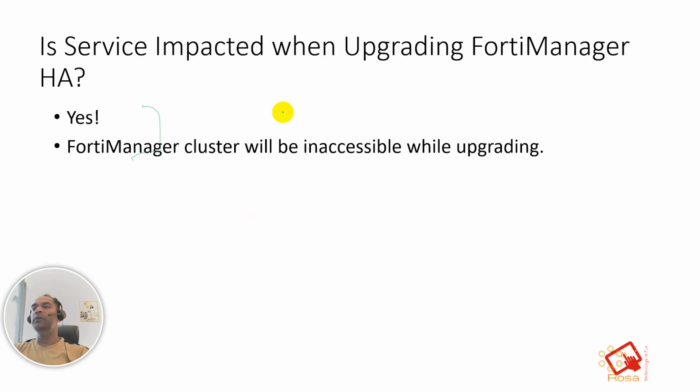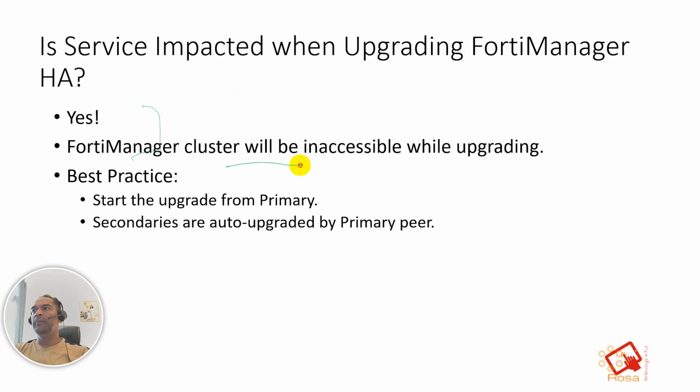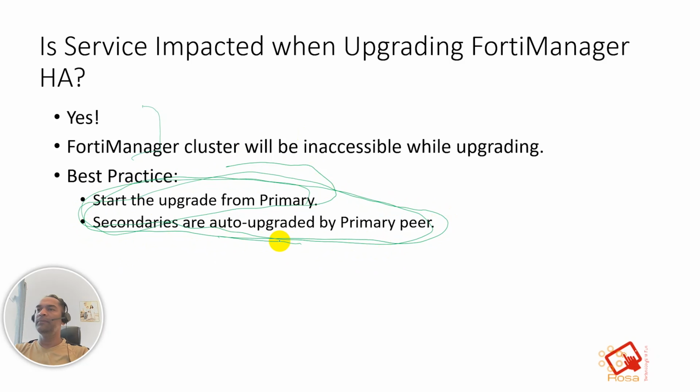So there will not be a network or traffic impact, but there will be management impact, and you won't be able to make any changes from the FortiManager to the FortiGates. Best practice: start the upgrade from the primary. Secondaries are auto upgraded by the primary peer. So you know how to upgrade. If not, we'll have a different video on how to upgrade a FortiManager.